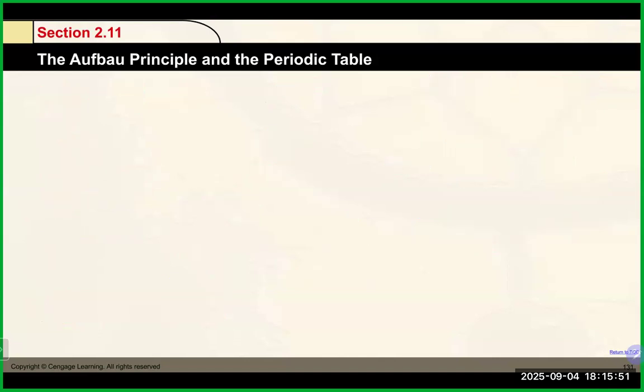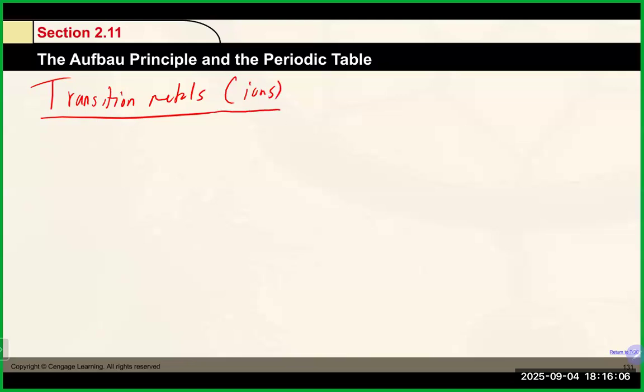Now, let's talk a little bit about transition metals, and transition metals are a little bit different. When they gain a charge and become ions, some different things occur with them. So, for example, as we talked about, when the electrons fill into the atom, the 4s orbital is lower in energy than the 3d subshell.